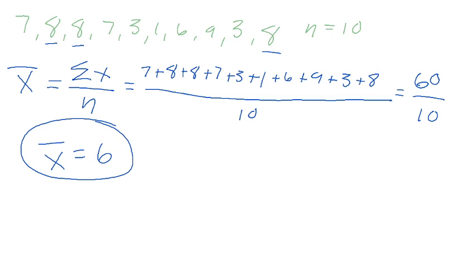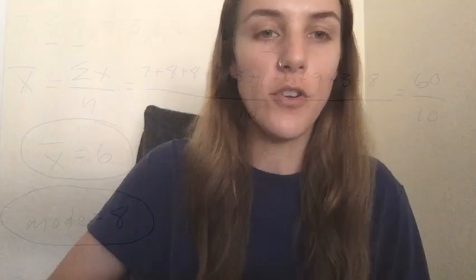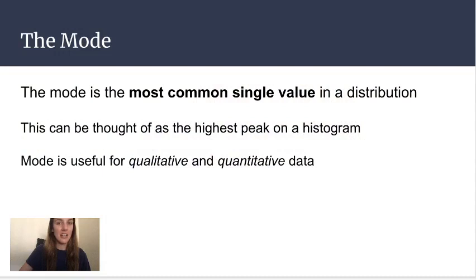So our x bar is equal to 6, our mean is equal to 6, and our mode is equal to 8. So the mode is another measure of central tendency. It's meant to be representing the center in some way. But you can see here we have two different values now that can represent center depending on how we want to describe the center.